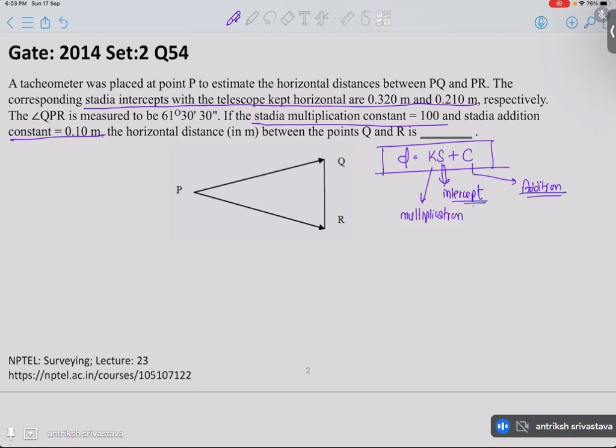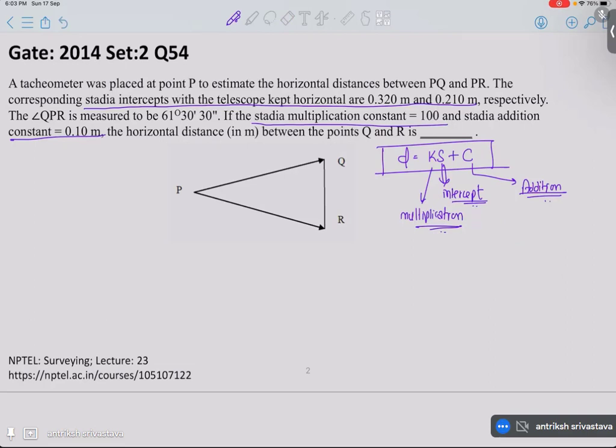We even did some experiments to identify whether the tachometer we had purchased actually has the multiplication constant and the stadia addition constant of the desired value or not. So people used to do some manipulation and get K equal to 100 and C equal to 0.1 or 100 centimeter. Those were some fun memories, but these things actually help us remember these kinds of formulas in the long run.